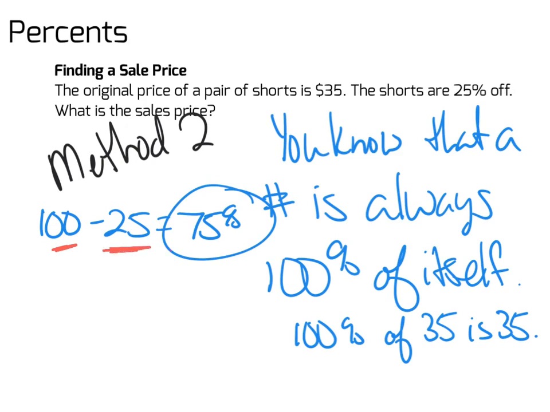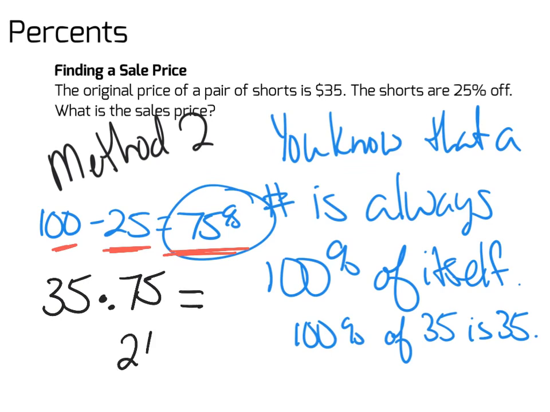So in method 2, I can take my original amount, 35, times 0.75 or 75%, and I would get 26.25.